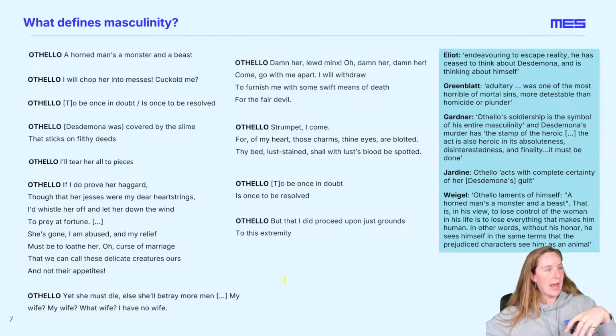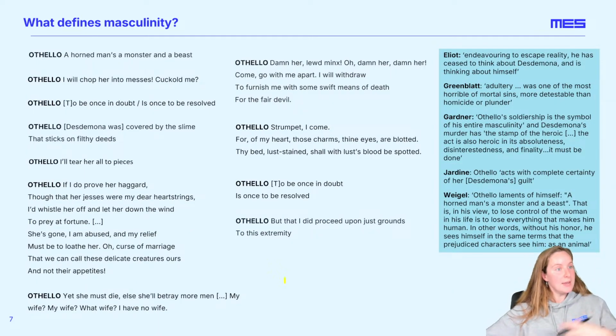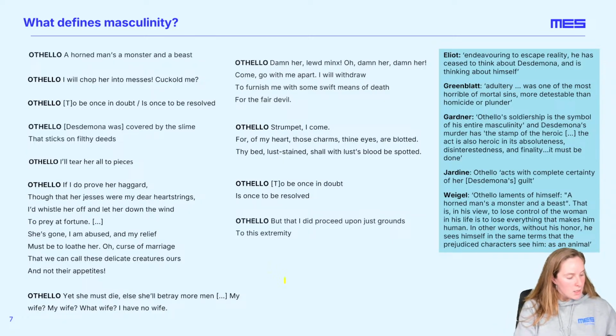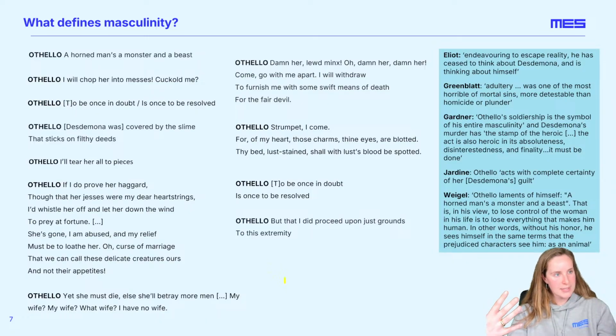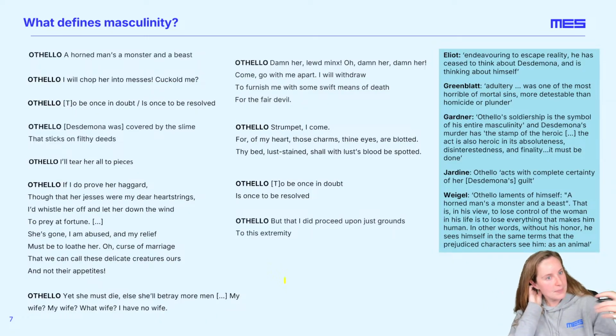And now let's look at masculinity and femininity, shall we? So here we have a lot of different ideas about masculinity. Othello saying a horned man's a monster and a beast. So this idea then of cuckoldry, a horned man, and monstrosity being linked.